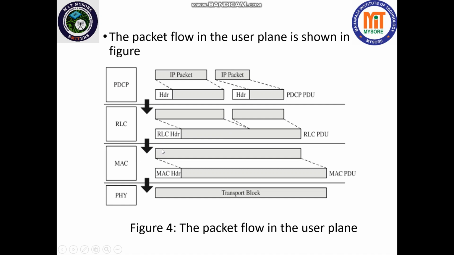Next is the MAC layer. The MAC layer header will be added, and finally the packet block is now given to the physical layer so as to transport it over the physical medium.